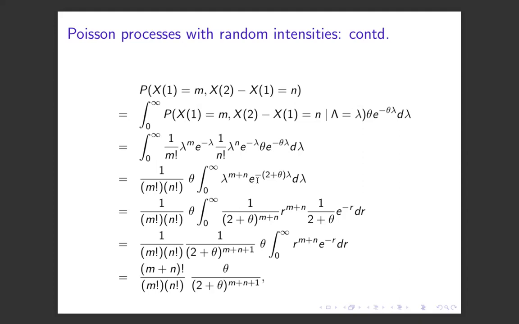So you have e to the power minus (2 plus theta) lambda d lambda. The theta comes from here, 1 comes from here, another 1 comes from here. So note that we have not made any mistake.